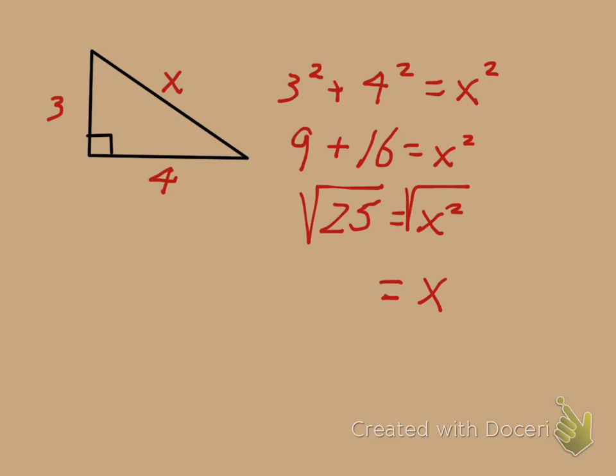And the square root of 25 is actually plus and minus 5. But because this is a geometry question, we say that the result of the hypotenuse is just 5. So we want to look at equations that have just an x squared in them and try to be able to solve them. Okay?